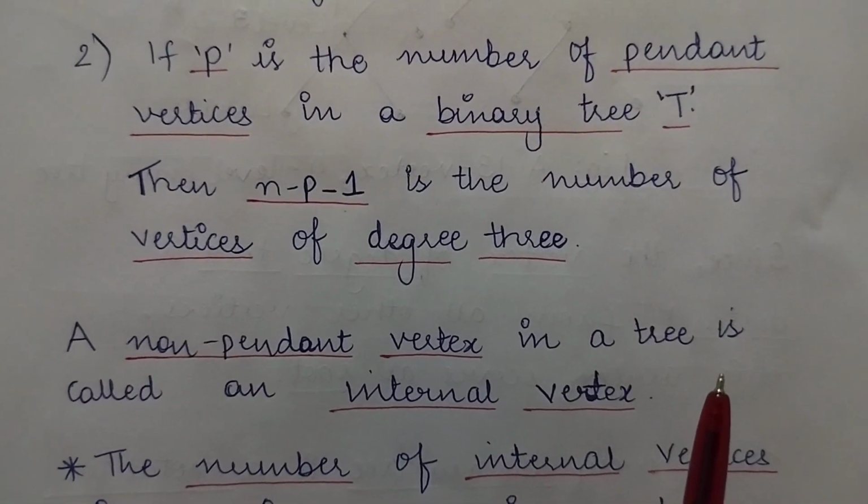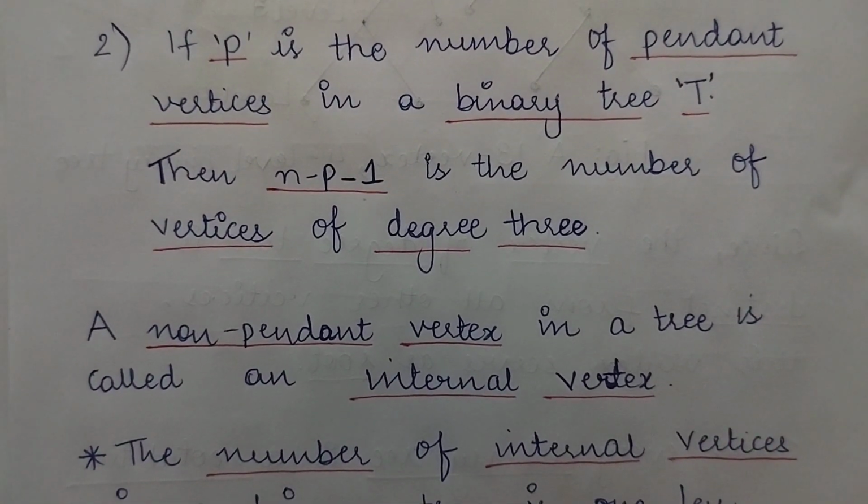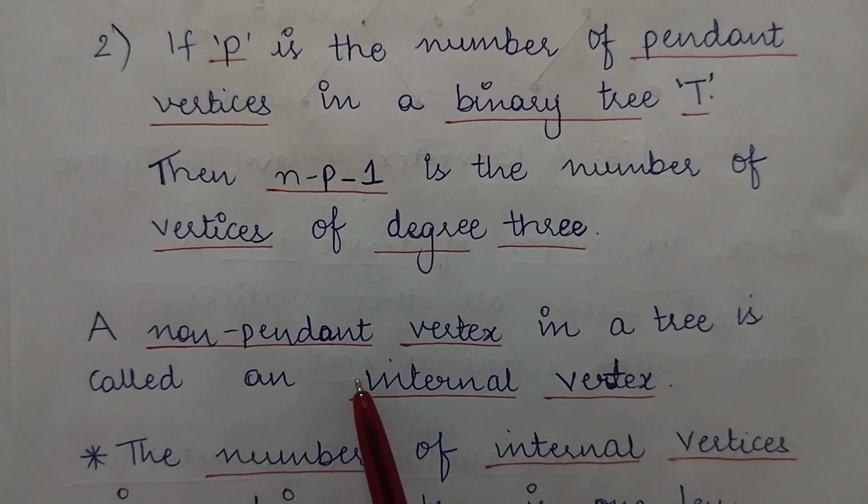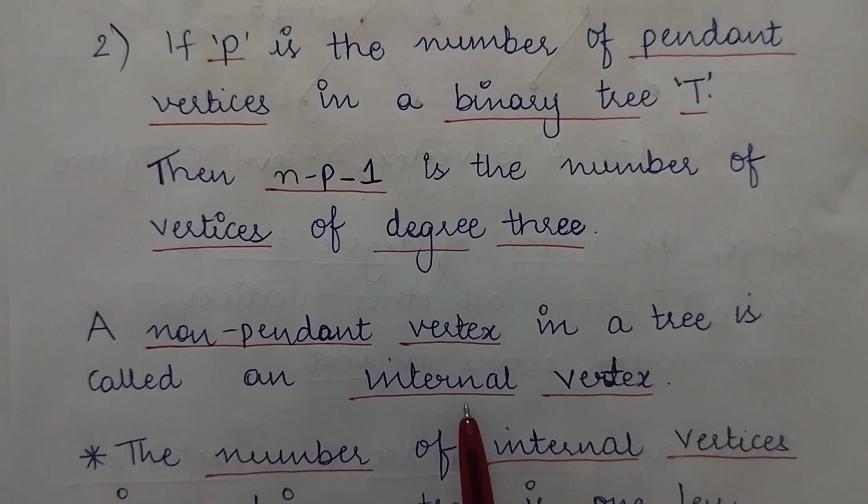Now a non-pendant vertex in a tree. A non-pendant vertex is one which does not have degree 1. I'm sorry, a non-pendant vertex is such a vertex which does not have degree 1. That means it will either have degree 2 or it will have degree 3. So a non-pendant vertex in a tree is called an internal vertex.